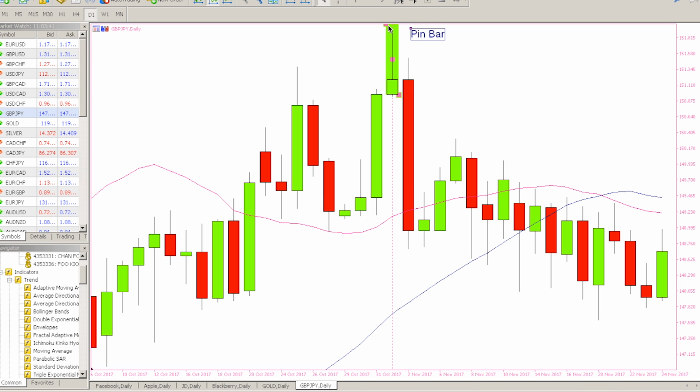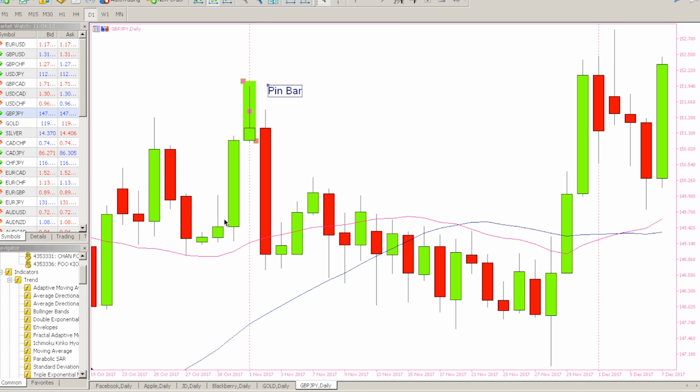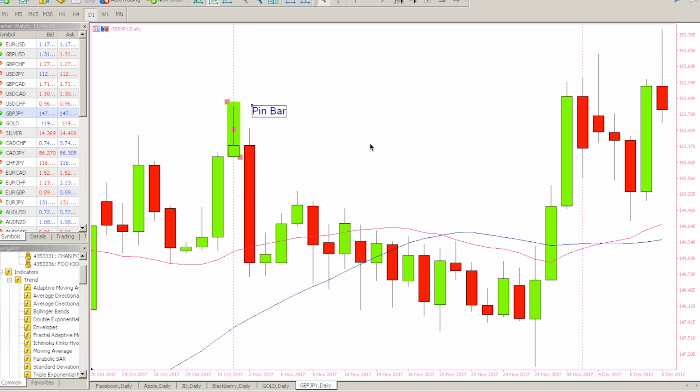Now that you understand what the tails are telling you, there is a story behind the tail. So when we identify and see a rejection from the top, we anticipate that a reversal is going to happen in the market.